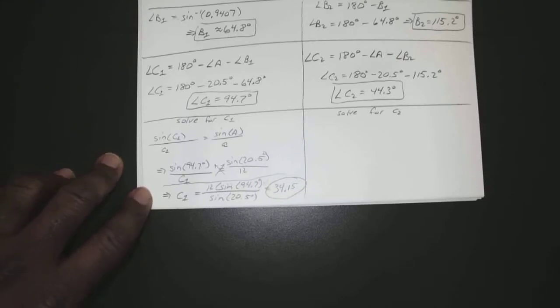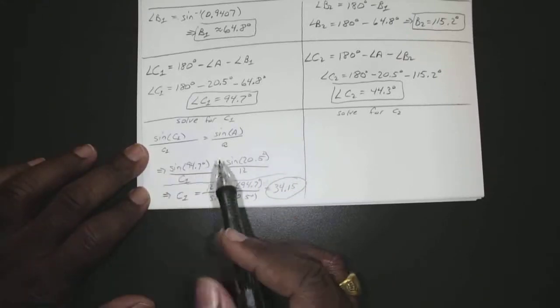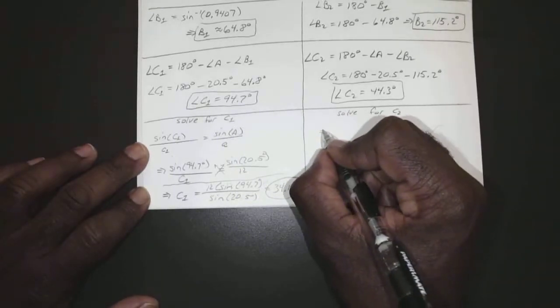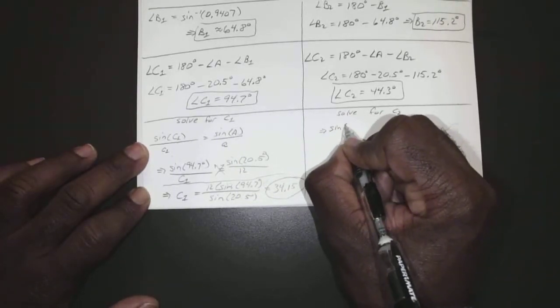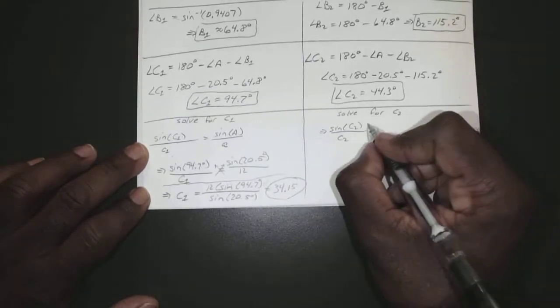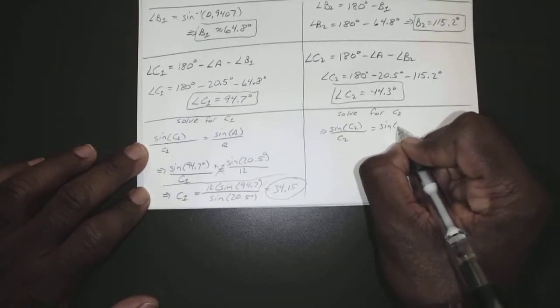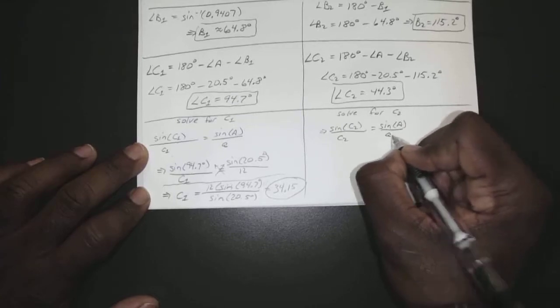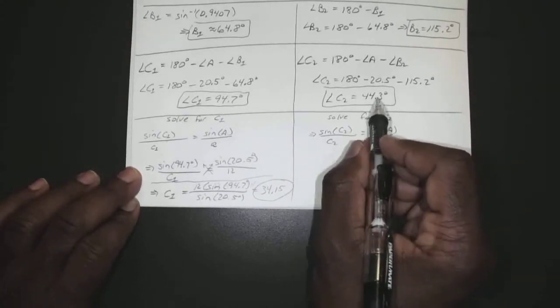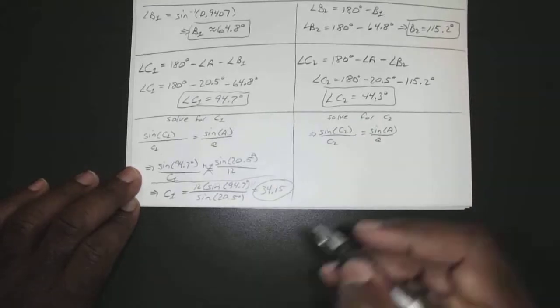Okay. So for our C2, we can use the same thing, but just sine of C2 over side C2 equals sine of A over side A. Okay, so angle C2 is 44.3.